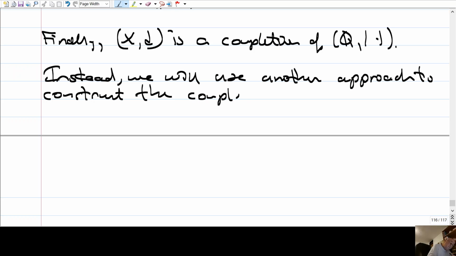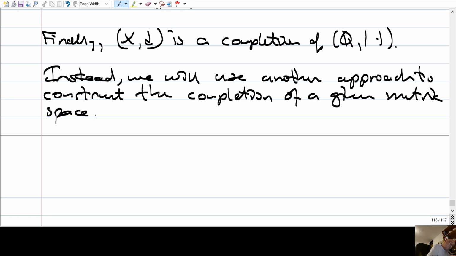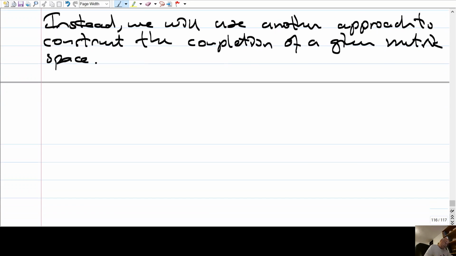I say the completion because essentially there is a unique completion of a given metric space. Let's see how we will do it.